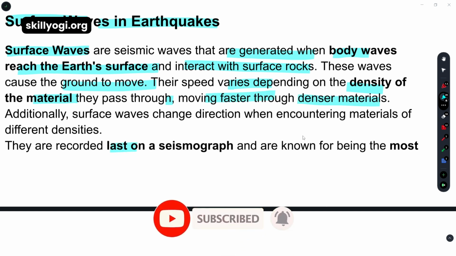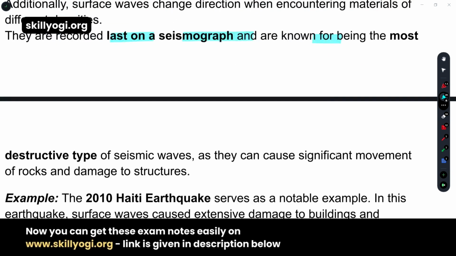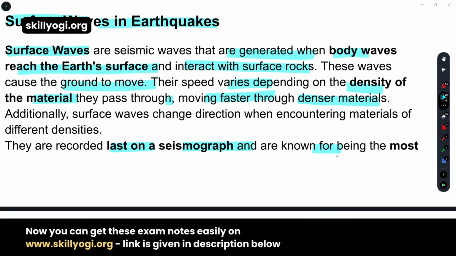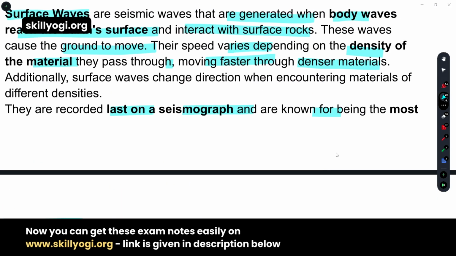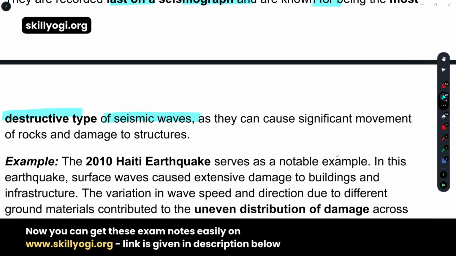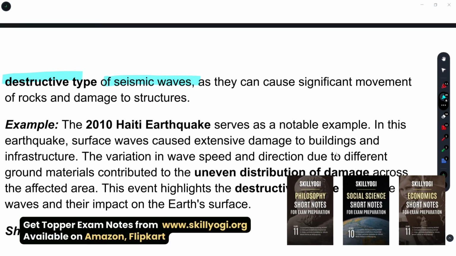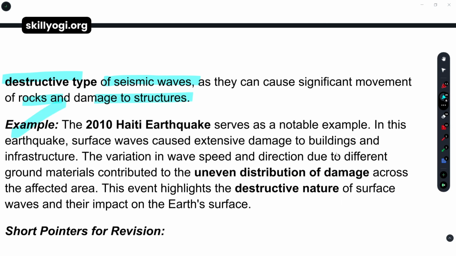They are recorded last on a seismograph and are known as the most destructive type of seismic waves. That means among the body waves and the surface waves, the most destructive type of seismic wave is the surface wave, as they can cause significant movement of rocks and damage to long-term structures. For example, the 2010 Haiti earthquake serves as a notable example.